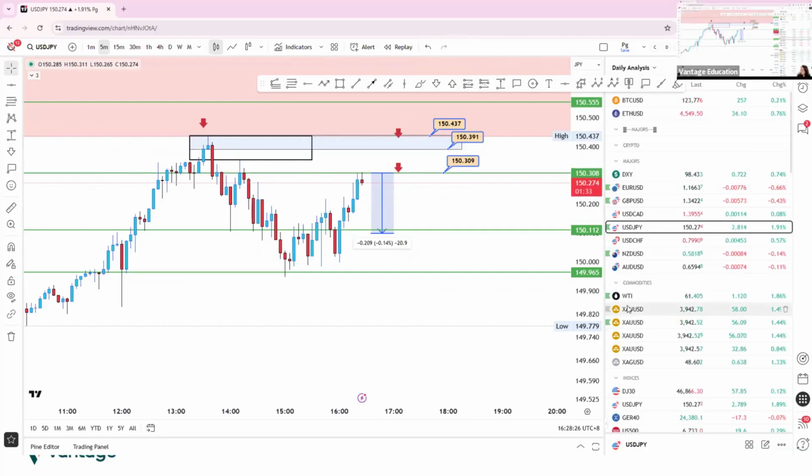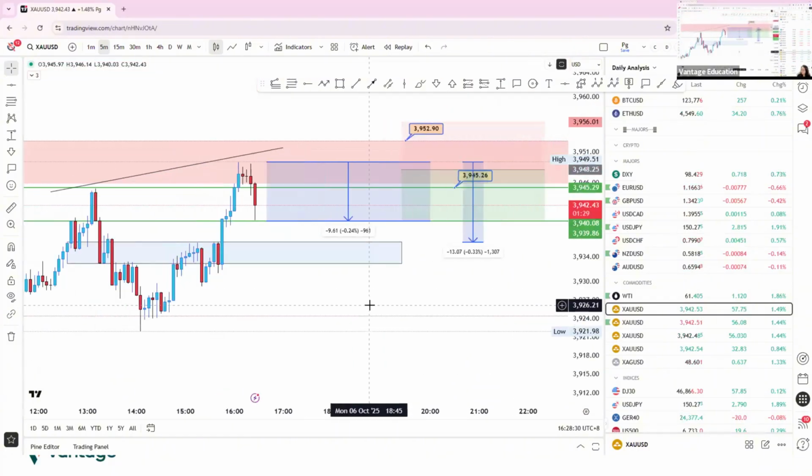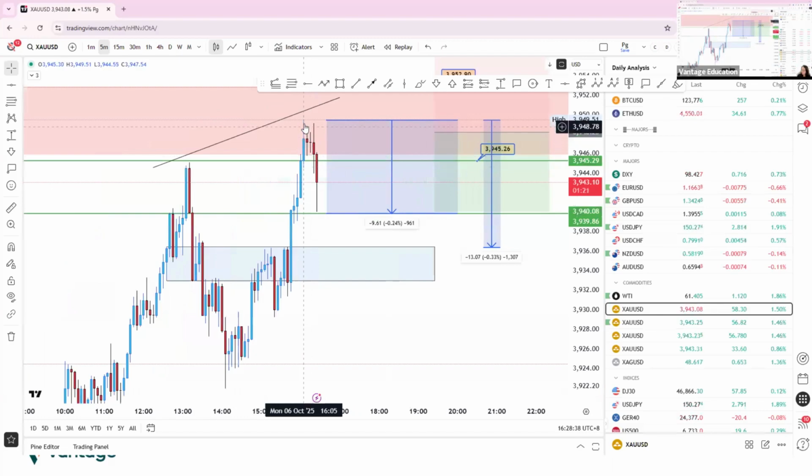Okay. Sell, out so fast. We sell, TP1 so fast. 49 40. Oh my gosh.